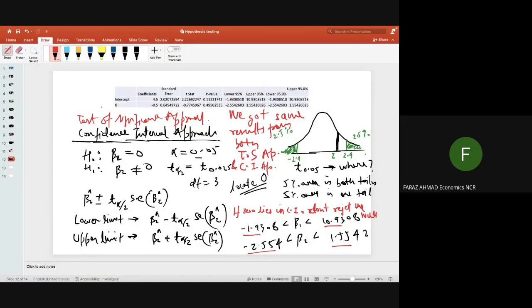I want to end this hypothesis testing part rather quickly. I've given a lot of time to it, so I think one last class, and you can ask whatever questions come to your mind regarding the hypothesis testing part. There is one full chapter for hypothesis testing in Gujarati, but I did not use that.